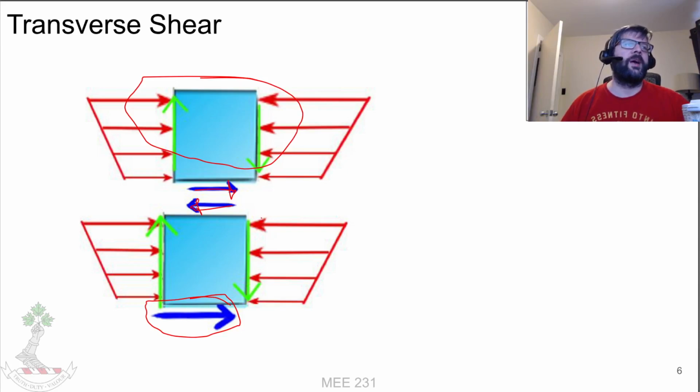So essentially what happens is we end up getting the rate of change of the shear as we move down from the top.